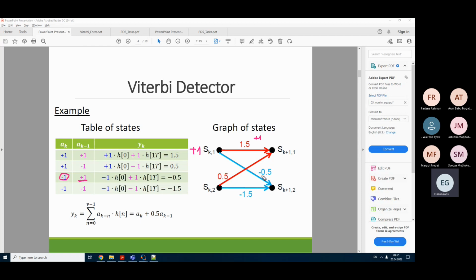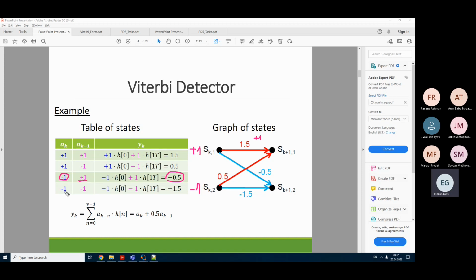Accordingly, we end up in the second state, which is -1, and during this transition we send the value -0.5.